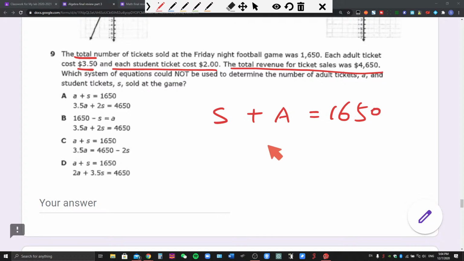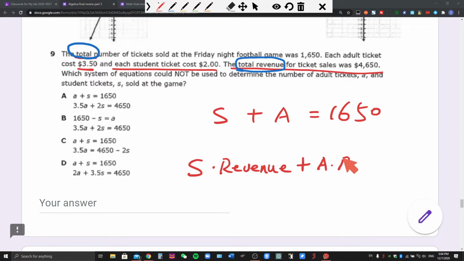1,650. And the second total is total revenue, and that will be student revenue plus adult revenue. The total is 4,650. Now, what is student revenue? Student revenue is the number of tickets sold multiplied by the price.